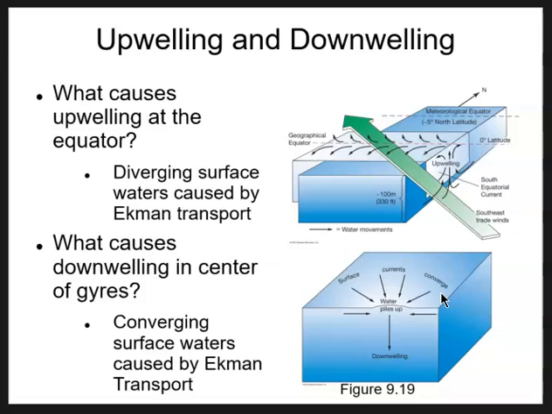And I told you previously that downwelling results in low productivity environments because you're not getting those nutrients up to the surface where they're needed for photosynthetic organisms to grow and reproduce and then get eaten as part of the food chain. So if there aren't nutrients there, then you're going to have a low productivity environment, which means you're not going to have a lot of animals living in that area.